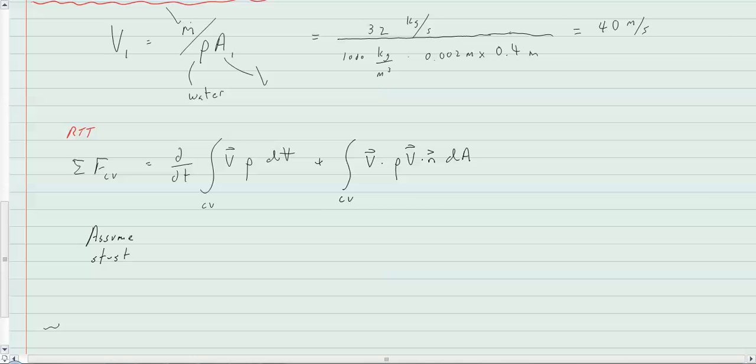Steady state therefore leads to an elimination of this term. We'll then focus here and decompose this. When we say decompose, we mean that this force vector and these vectors of velocity will impact the final result.